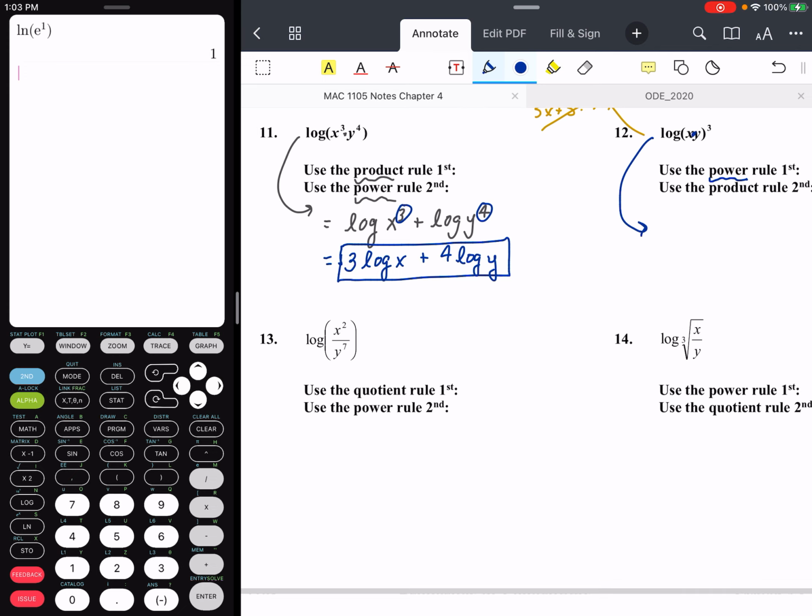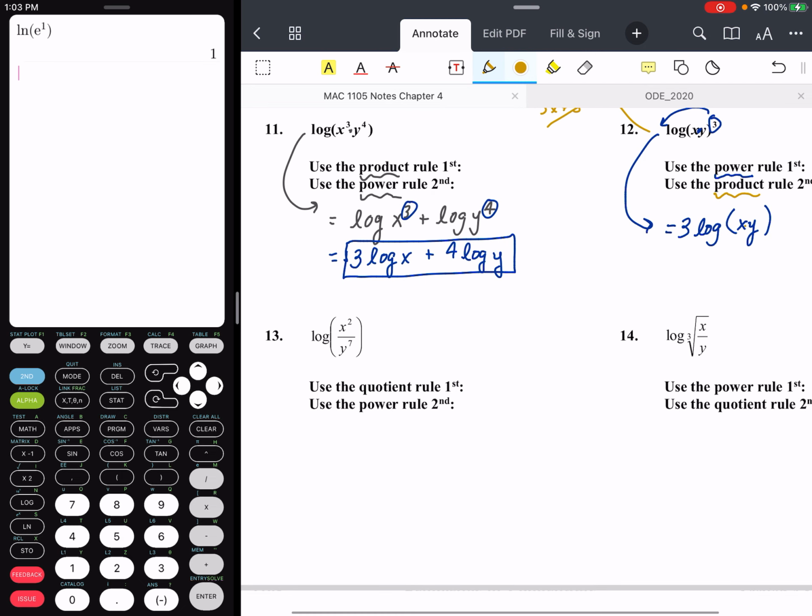So applying the power rule first, I'm going to bring that 3 forward. So 3 times the log of x times y. And next, just switching colors here, next I'm going to use the product rule. So I have my 3 out front, and I'm going to put brackets, and you'll see why in a second. So I have my 3 multiplied by that entire log. Remember that I'm going to split that one log into 2 to expand it out.